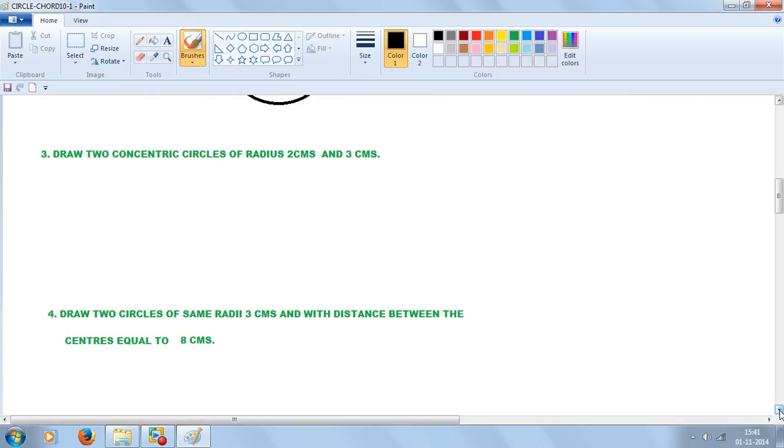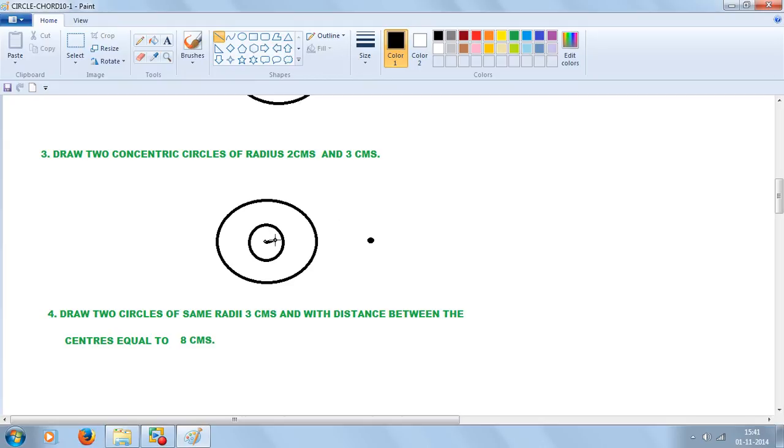So we'll try. Draw two concentric circles of radius 2 and 3. How do we draw? Similar to 2. We draw a circle of radius 3 with a center, and with the same point as center we draw another circle.